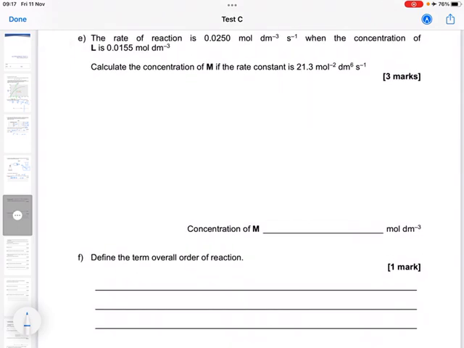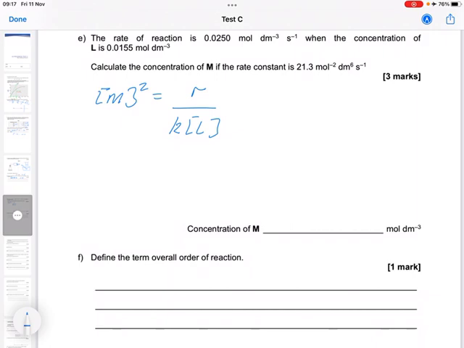Part E: the concentration of L is 0.0155. Calculate the concentration of M if the rate constant is that. So let's rearrange the equation first. All I need to do now is put the numbers in.